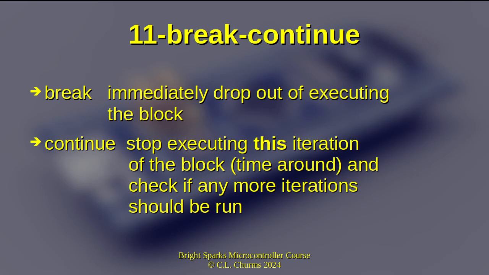If you put a break inside of a block, and that block happens, for instance, to be a for loop, if it sees a break, then it will actually stop and drop out of that loop, out of that block, and carry on after the block. So if we break, the command is immediately drop out of executing this block that you're currently in.